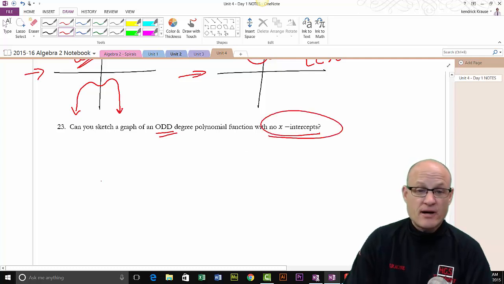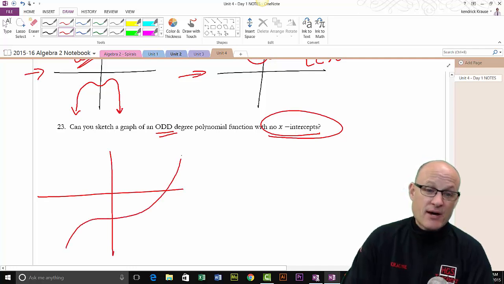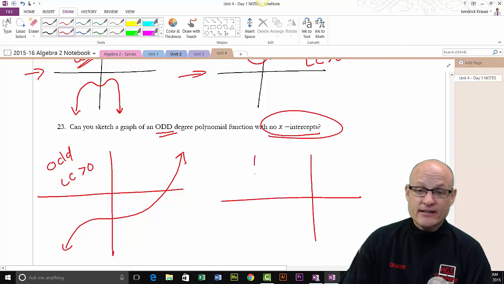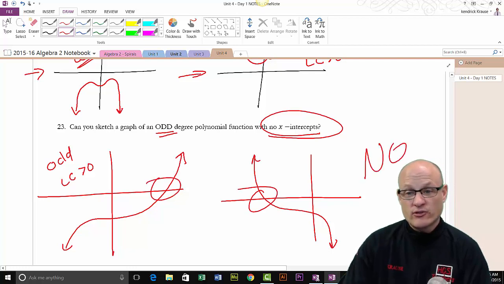We've already talked about this, because odd functions, whether odd with a positive leading coefficient or odd negative, must hit it once. So the answer to the question is no.